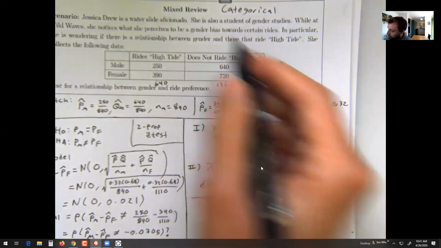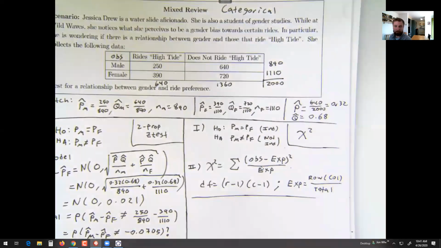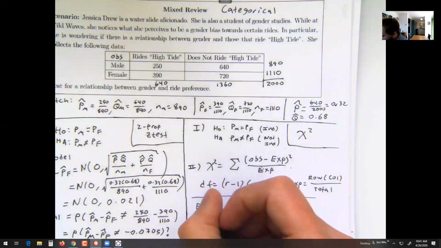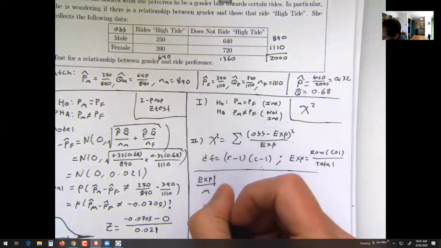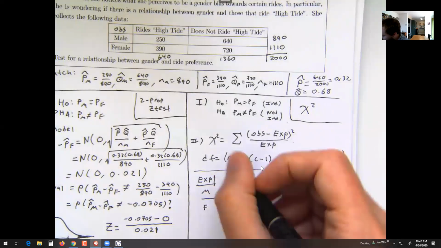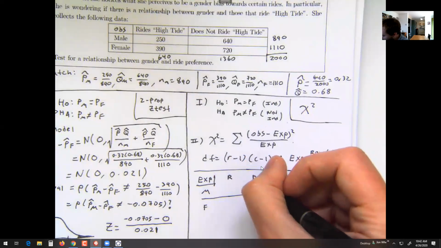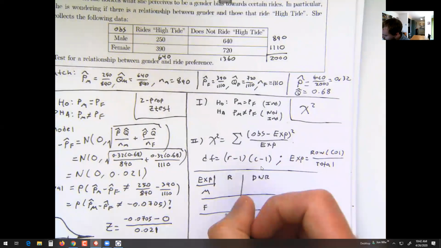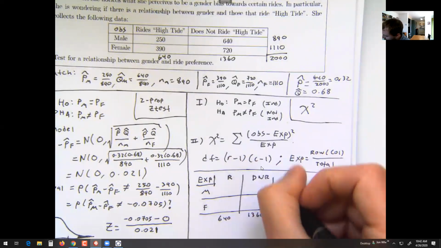So we already have a table of information. This is what we observed. I need to make a similar table for what I was expecting. So I'm going to have the same totals, and they either ride or do not ride. My totals are still 640 and 1,360.